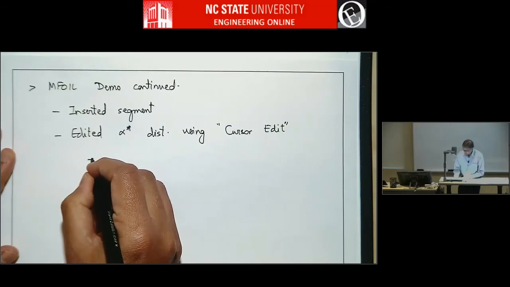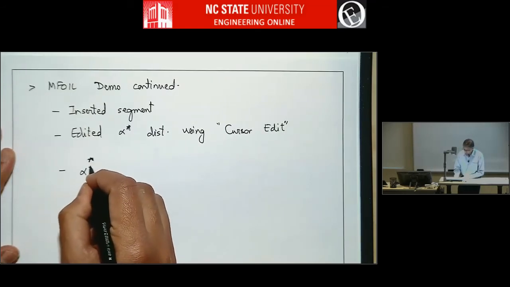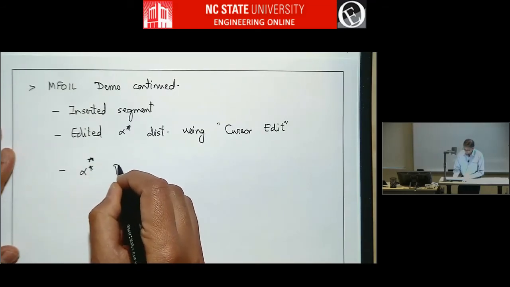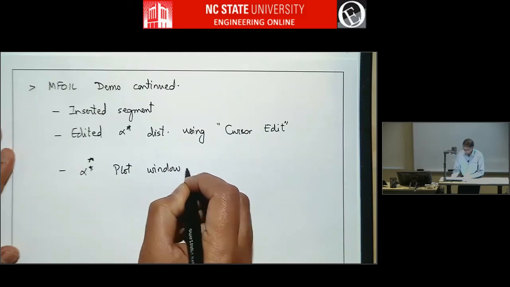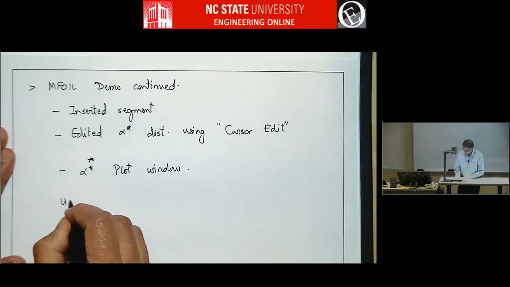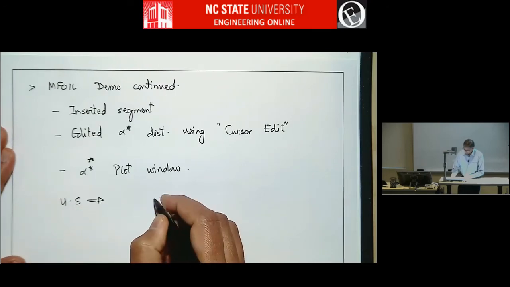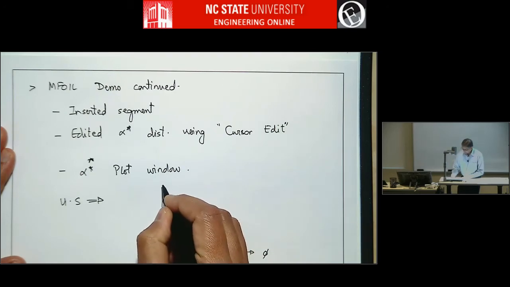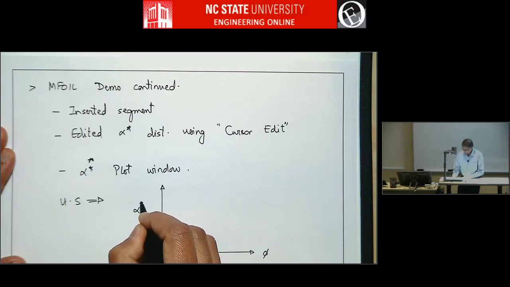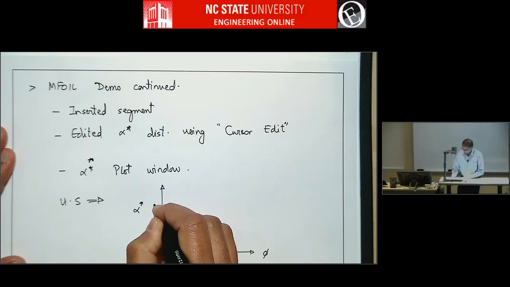So what about the alpha star plot? On the upper surface, the plot will look like this. This is phi, this is alpha star. This is more positive.